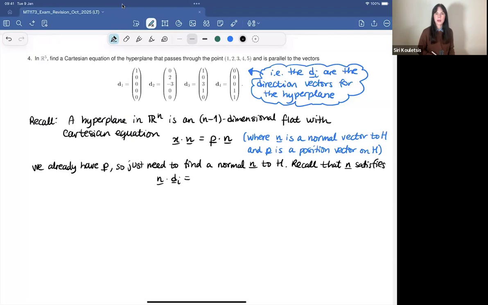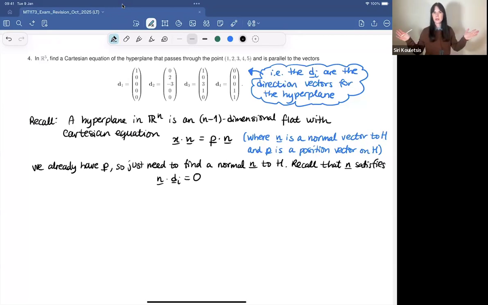What I want to remind you of here is that n satisfies that n dotted with a direction vector for H gives us 0, because the normal is orthogonal to the hyperplane.